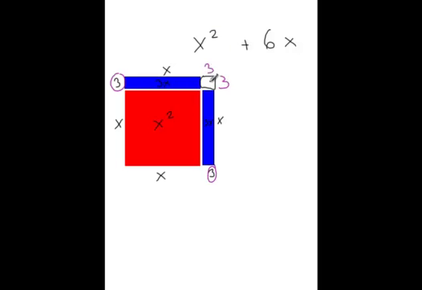So the area of this little square that's missing is 9. Now going back to our original x squared plus 6x, we are just going to add this 9, this missing little piece that makes our new figure a square. We're going to add 9 to our equation. And now we have created a perfect square trinomial which we can factor.